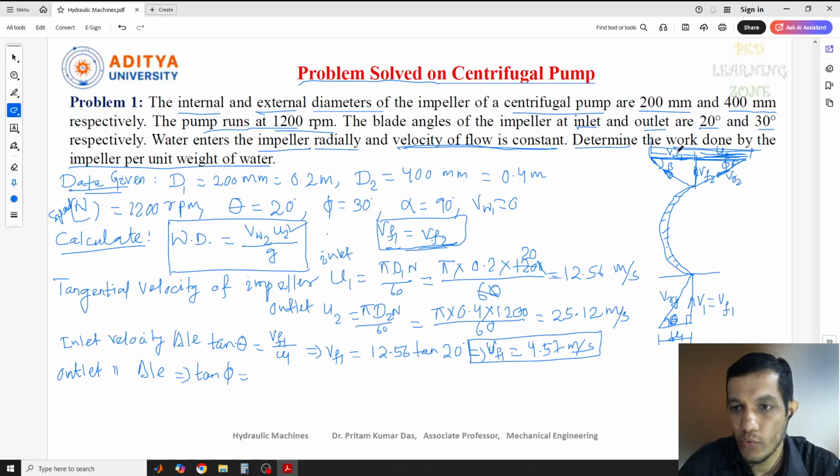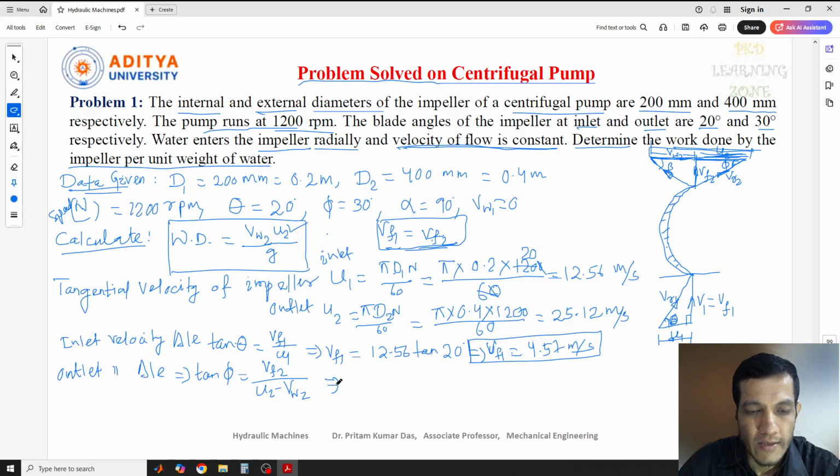So what I can write is U2 minus VW2. So tan phi equals VF2 divided by U2 minus VW2, because if I consider any other angle, I won't get the value of VW2. By this method only I am able to find out the value of VW2. That's why I have taken this formula.